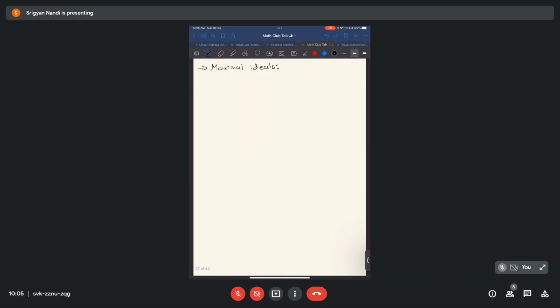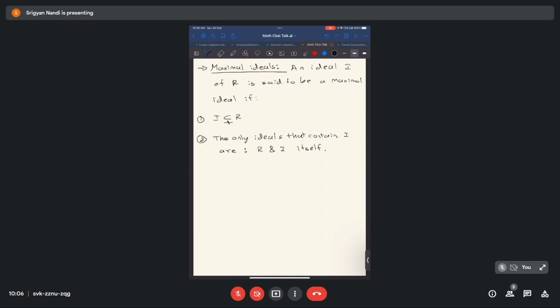These are ideals that are properly contained in R, yet are not contained in any ideal of R apart from themselves and R. So, an ideal I of R is said to be a maximal ideal if, first, I is properly contained in R, which we can emphasize by saying I is a subset of R but not equal to R. And second, the only ideals that contain I are R and I itself.